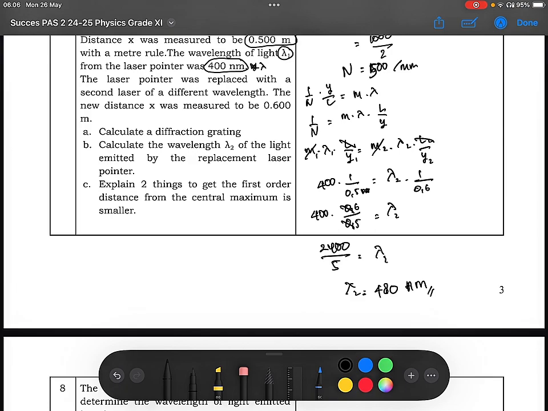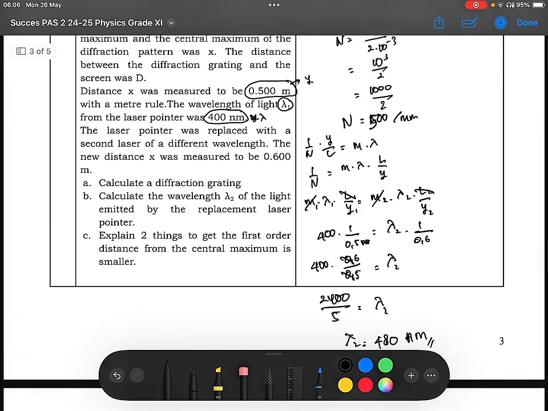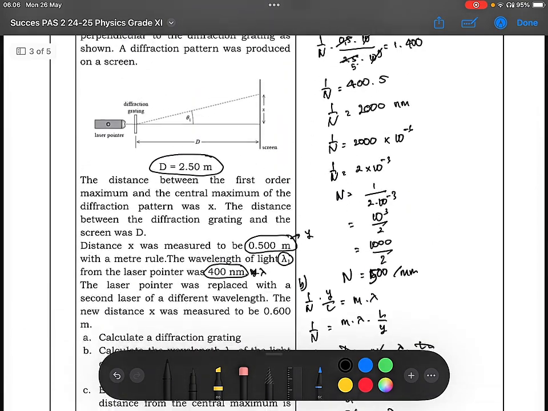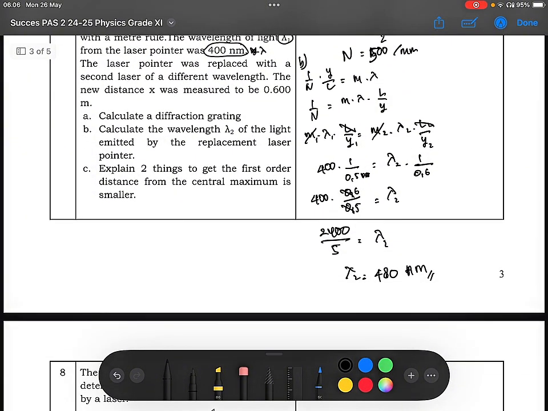Is the first order from the center smaller? What do you think? The first order distance from the center is smaller.